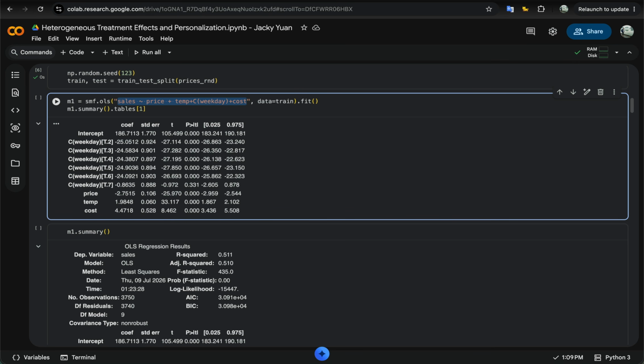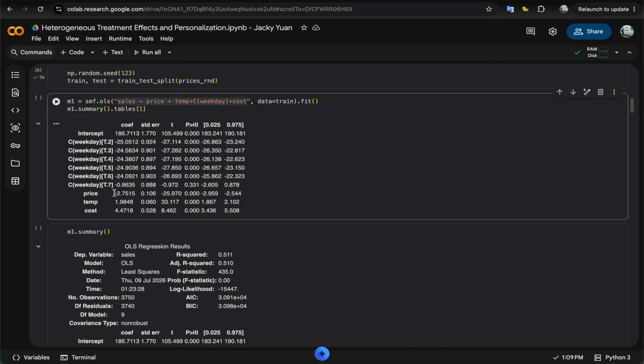We're just trying to understand what the average treatment effect is. Basically this says, after I control for temperature, weekday, and cost, what is the average relationship between price and sales? And that gives us something very close to an average sensitivity, right? But it does not allow different days to have a different price sensitivity. So basically, that's an average sensitivity.